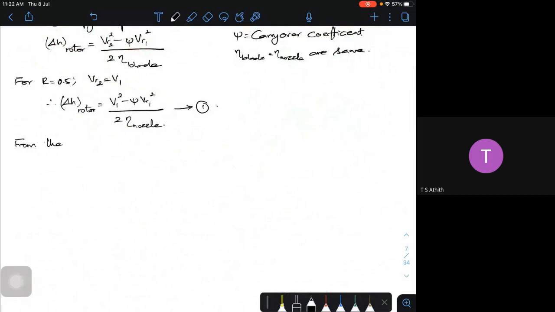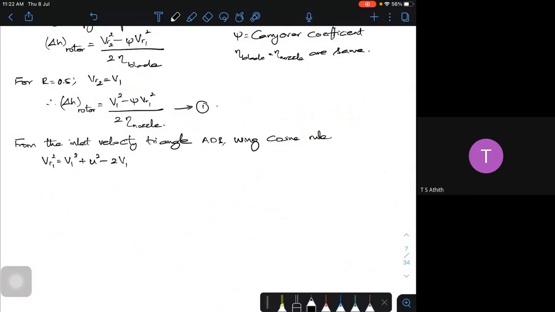From the inlet velocity triangle ADB, using the cosine rule, I can write VR1 square is equal to V1 square plus U square minus 2 into V1 into U into cos alpha 1. Now, already I know that U is equal to phi into V1.